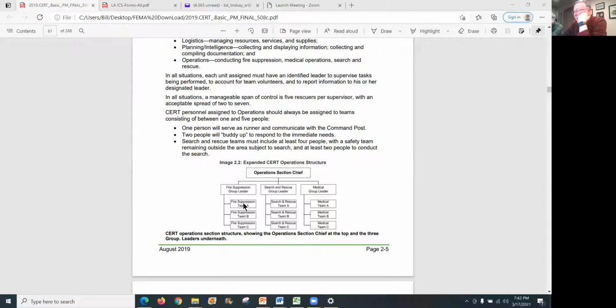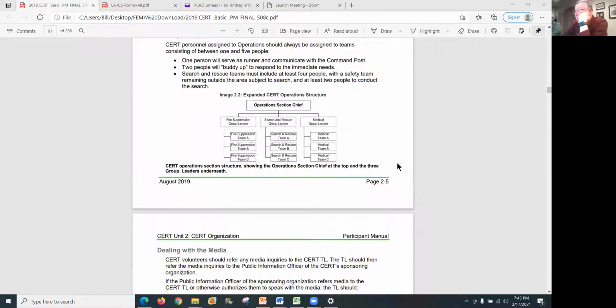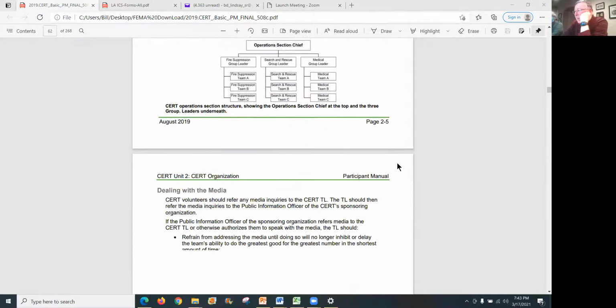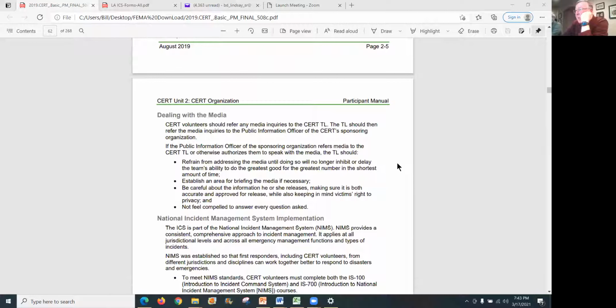They take care of 3 as a minimum, up to 7 fire suppression teams or rescue teams or medical teams, and start to work on doing things. After that, you start building up your team for logistics. Planning still stays with the incident command person or the troop leader. I'm still going back to Boy Scouts, excuse me, guys.